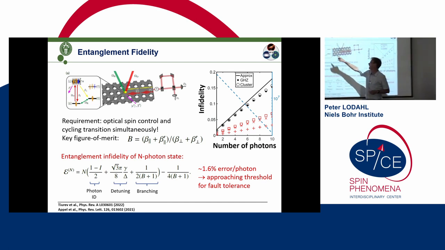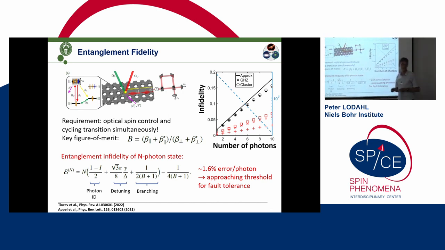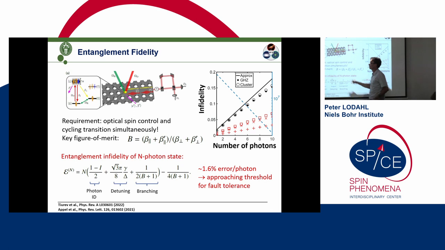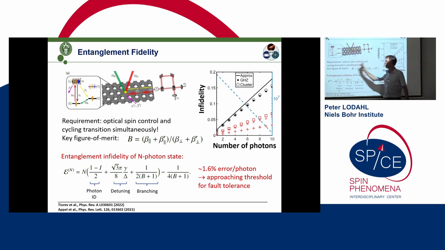I don't want to decay on this transition, because then I lose the excitation out of the system. On the other hand, I don't want to shut this transition totally off, because we want to do these spin rotations, and these spin rotations are done optically by Raman pulses that drive this transition. So I want to both be able to cycle and do spin rotations, and for that reason I want this branching ratio to be large but not infinite.